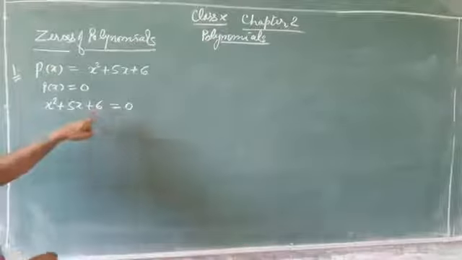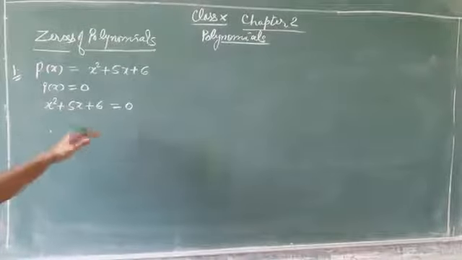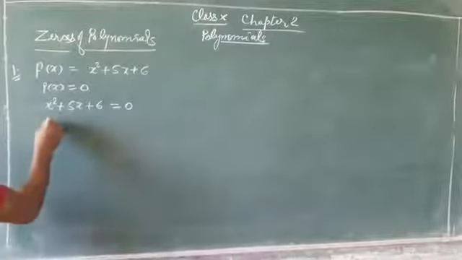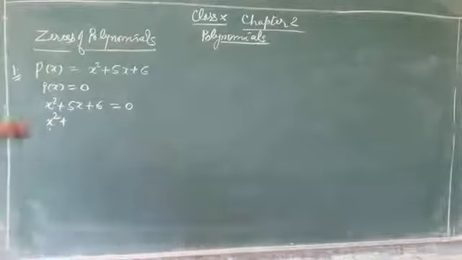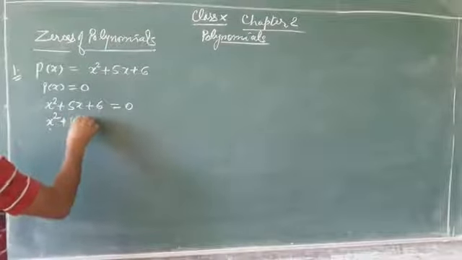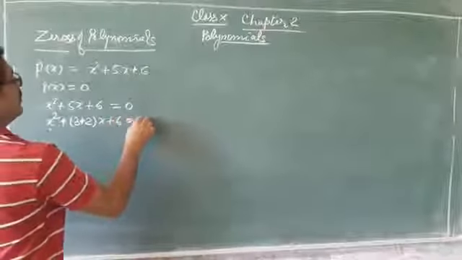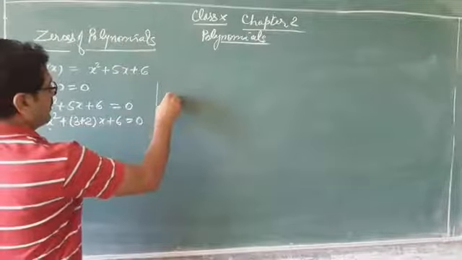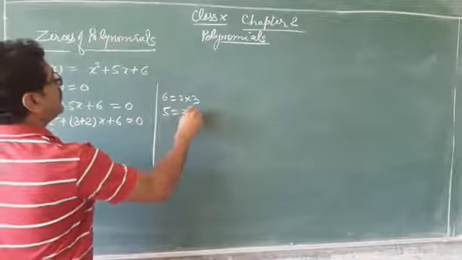We factorize 6 as 2 into 3, and 2 plus 3 becomes 5. So by splitting the middle term, we can write it as x square plus 3x plus 2x plus 6, and we know that 6 is written as 2 into 3 and 5 is written as 2 plus 3.